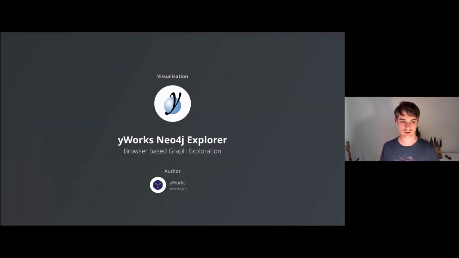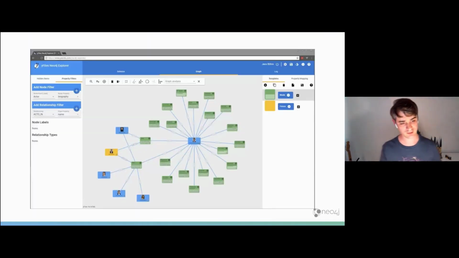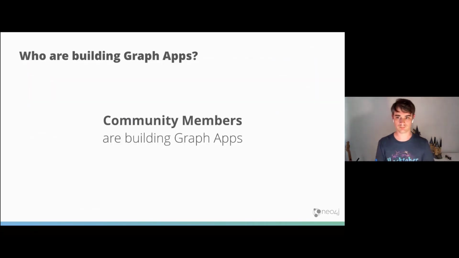If you prefer to build your own UIs, then the yWorks Neo4j Explorer is one for you. Basically, it demonstrates the capabilities of yFiles. yFiles is a JavaScript visualization library, and it provides you with a number of off-the-shelf features and visualization options. We also have community members that are building graph apps as well.